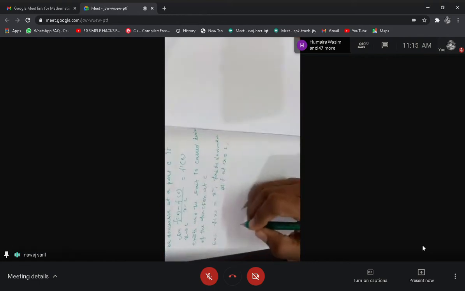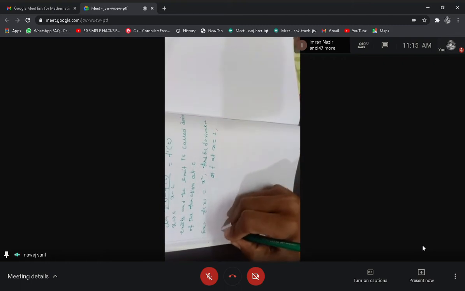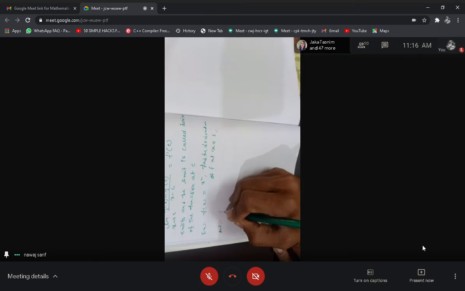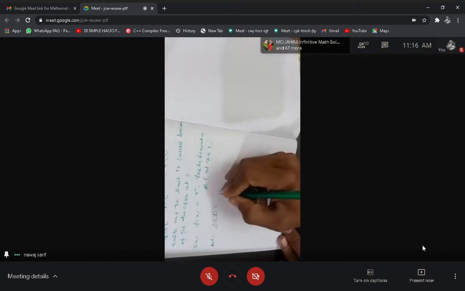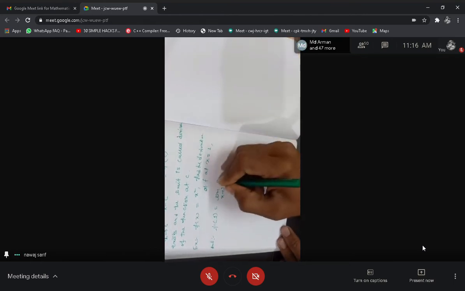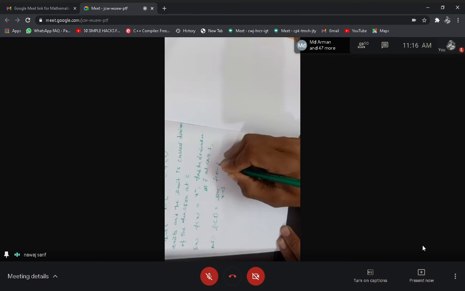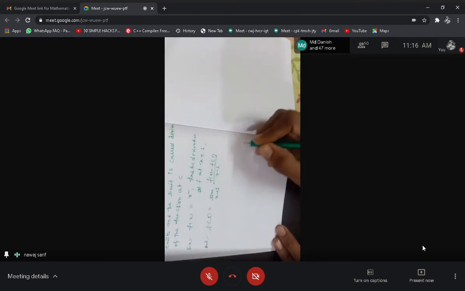So yes, using the definition, how can you find out? f dash 1 equals to limit x tending to 1 of f x minus f 1 divided upon x minus 1.